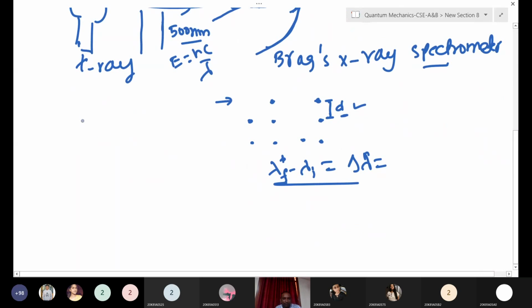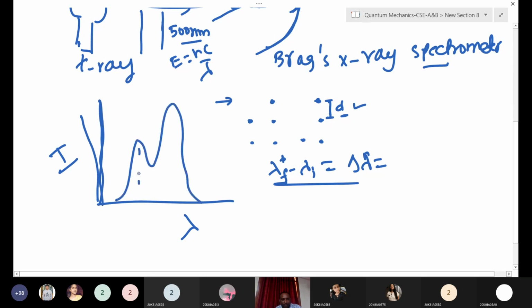You can plot the graph, with wavelength on one axis and intensity on the other. Here you will get two peaks. One peak corresponds to the incident photon, lambda I, and the other peak, where we get the maximum wavelength, corresponds to the scattered photon, lambda f.